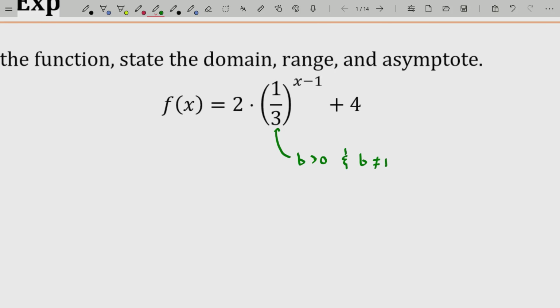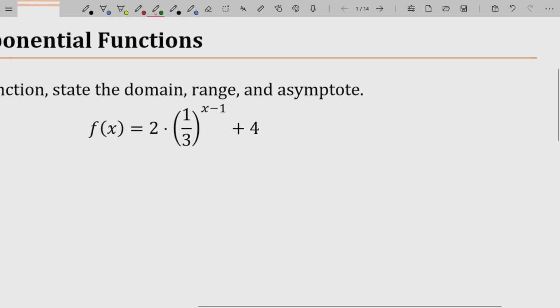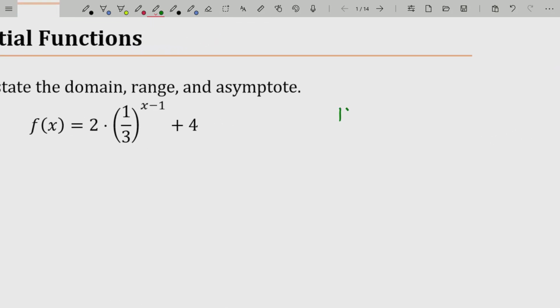You should know that. You should also know, for example, that if the base, in this case it's 1/3, but let's just write it off to the side, were greater than 1, then we have exponential growth. And so the exponential function itself is increasing over time. Now, something that you should possibly recall from your Algebra 2 course is that exponential functions have what is called the base multiplier property.